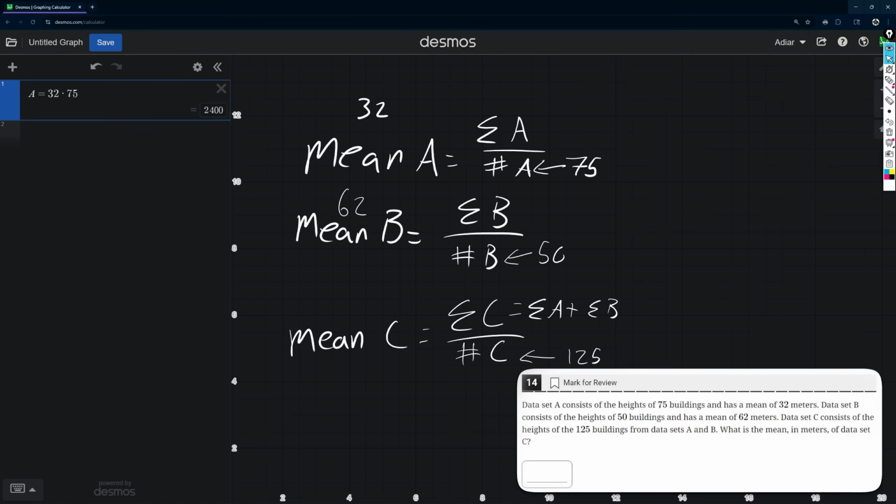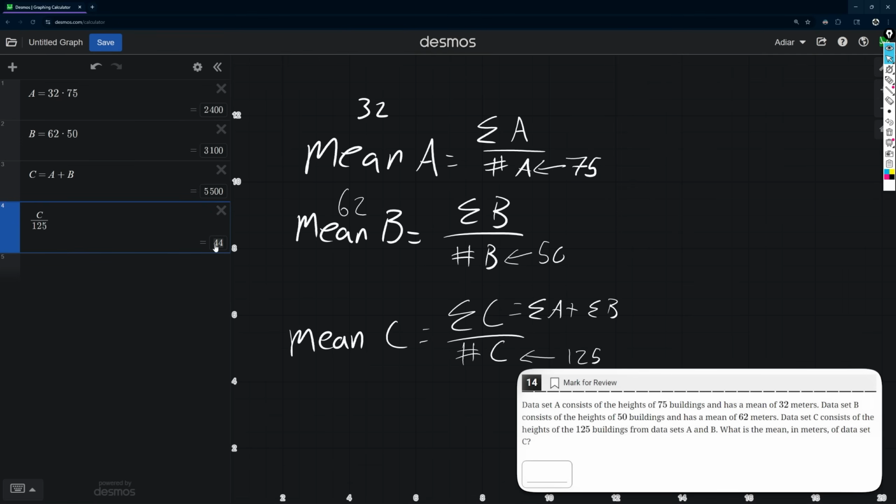And that's what happens if we add up all the meters of all the buildings inside of A, is 2,400 meters is the combined meters. And so for B, it's going to be 62 times 50. And then C is just A plus B. So now it's as simple as getting the mean is C divided by 125.